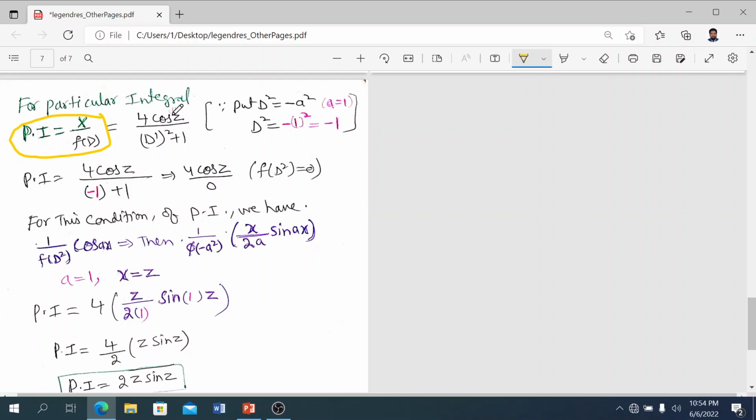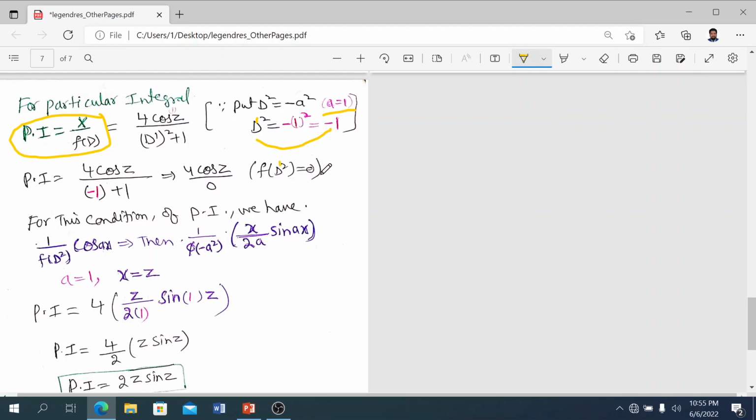Here z has coefficient 1, so a value is 1. So D prime whole square is equal to minus a square, means minus 1 square, minus 1. So D square, substitute minus 1. Here 4 cos z, D prime means minus 1 plus 1, which is 0. So here f of D dash whole square is 0.